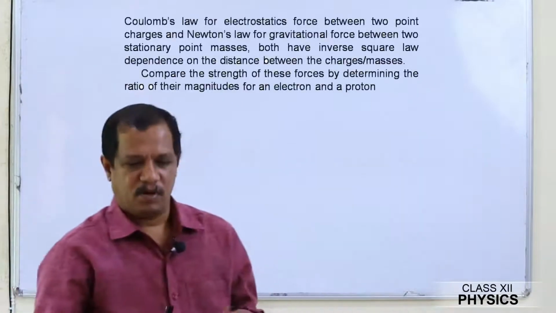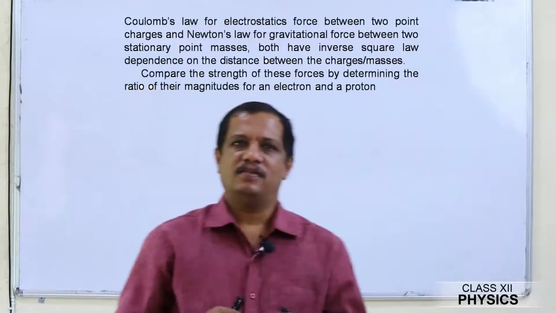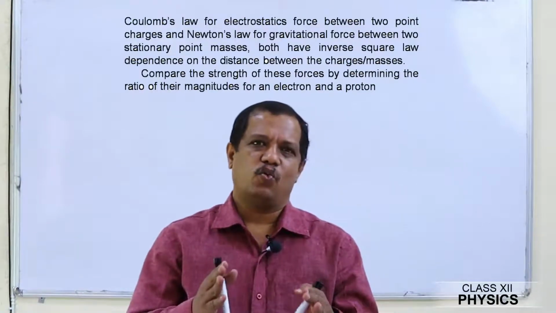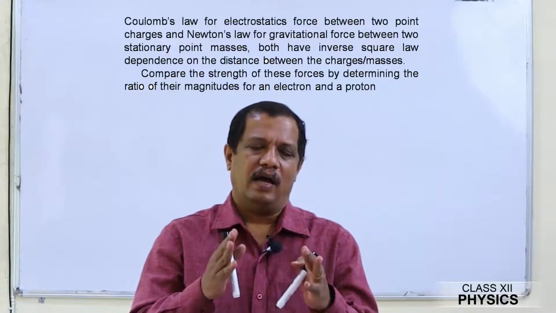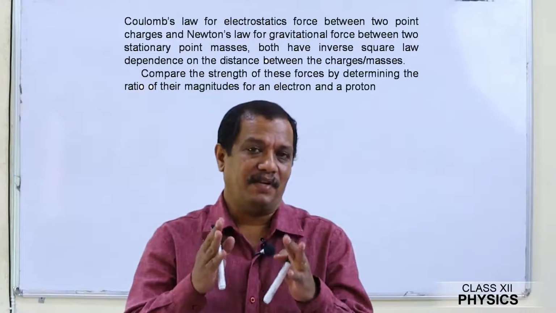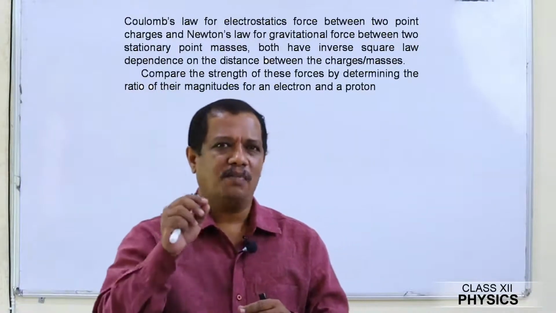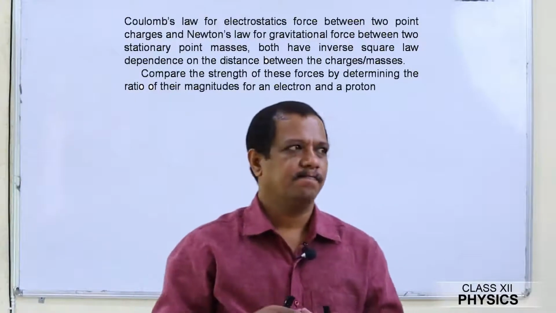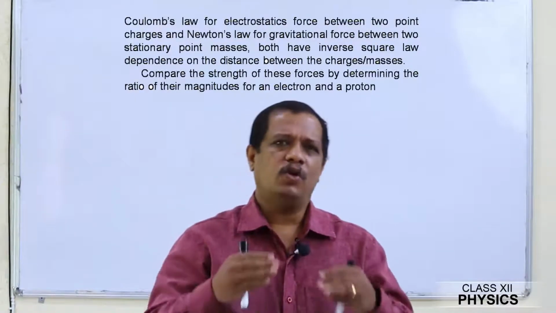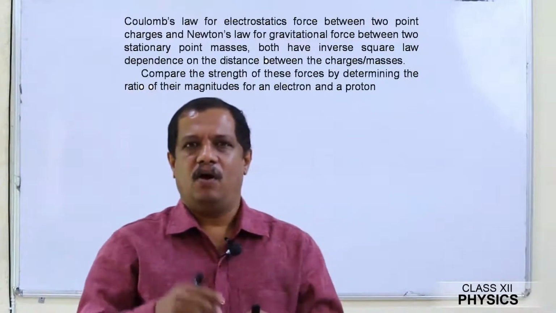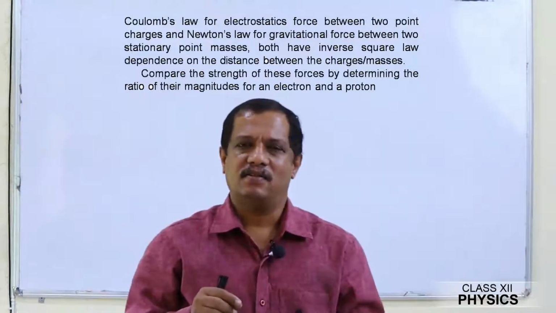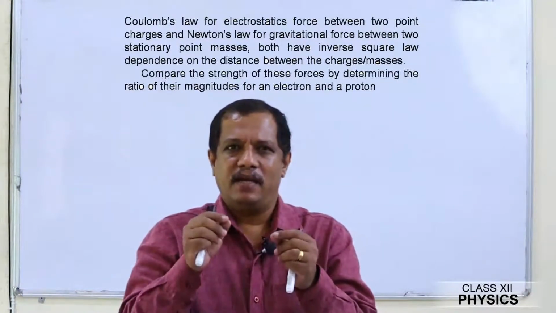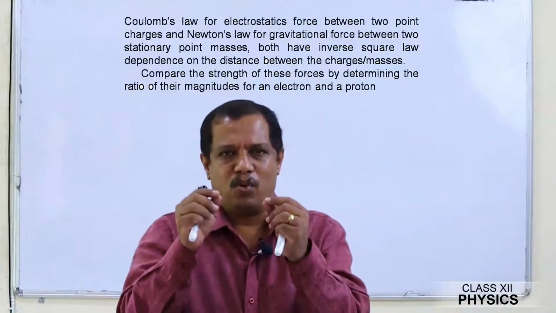Let us move on to the next problem. The next problem is, we know that Coulomb's law and Newton's law of gravitation both are based on the inverse square law of distances. Now we want to compare the strength of the forces experienced by an electron and a proton.